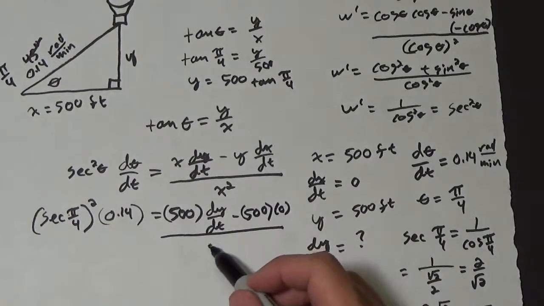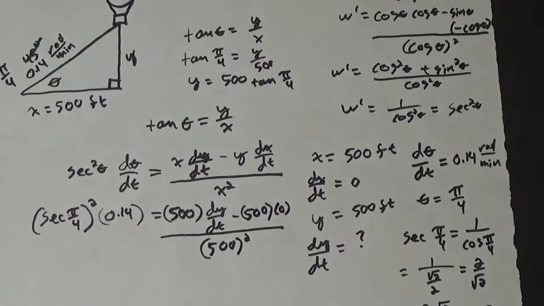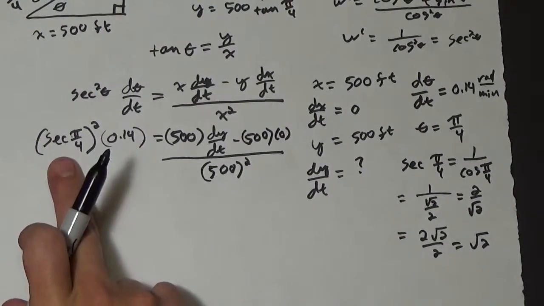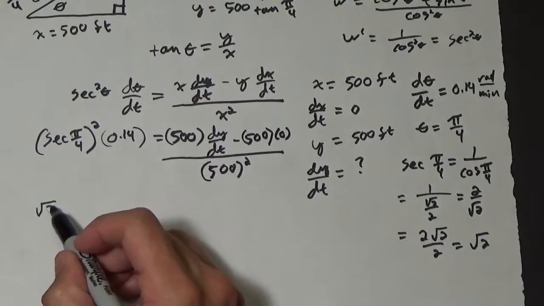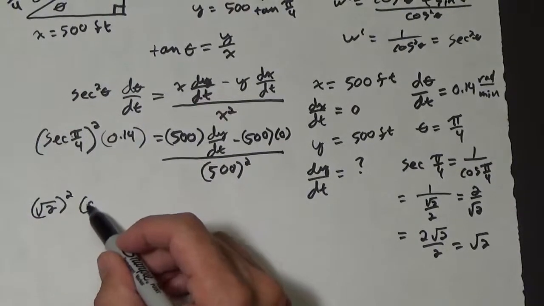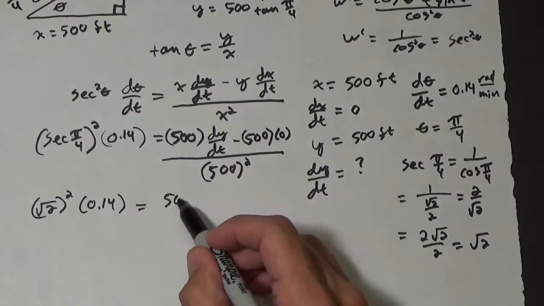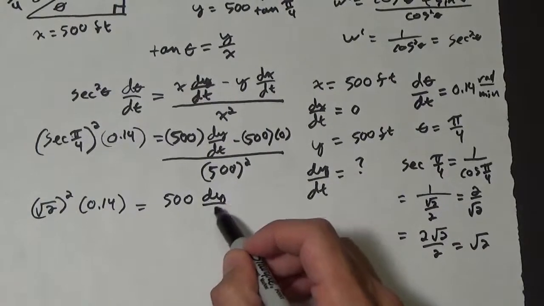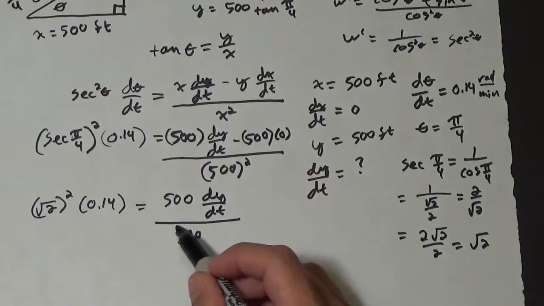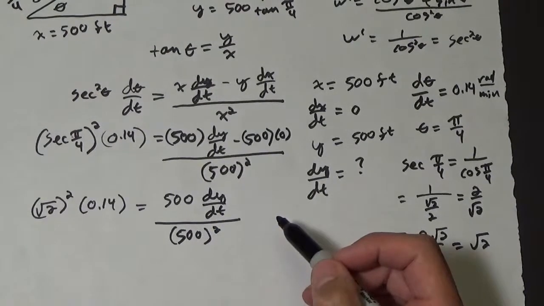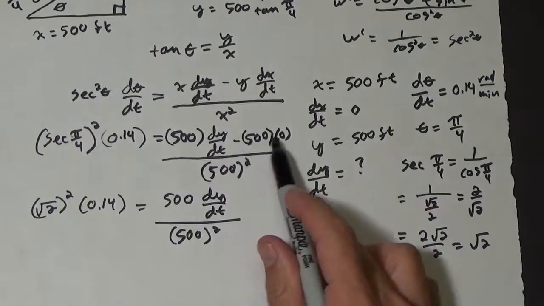And this is all going to be over 500 squared. Secant of pi over 4, we got that, that was the square root of 2. So we have the square root of 2 squared times 0.14 equals 500 dy/dt divided by 500 squared. And that goes to 0 over here.